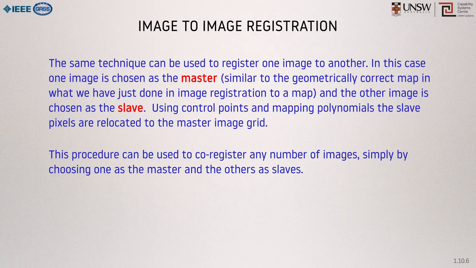This is often needed if the user has available for analysis several images of the same geographical region, often taken by different platforms and sensor types. As noted here, we are not restricted in how many images we can co-register. It is just a matter of choosing one image as a master, taking the place of the map, and registering all other images to it.